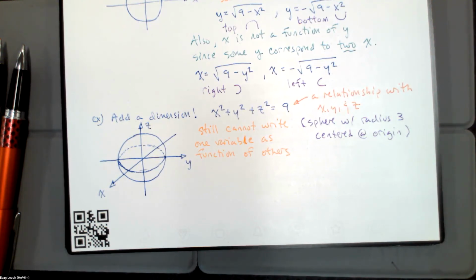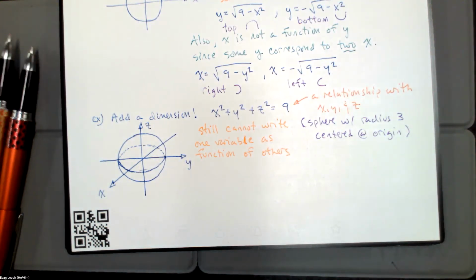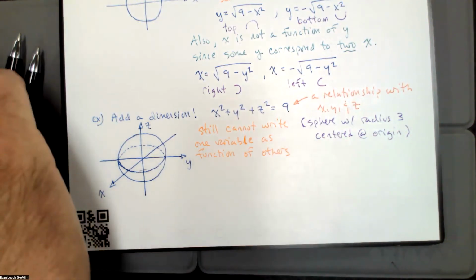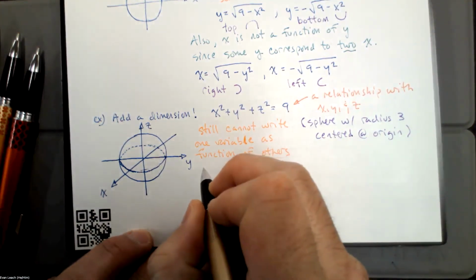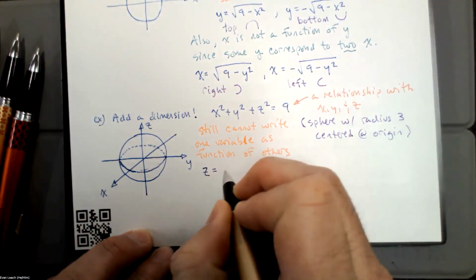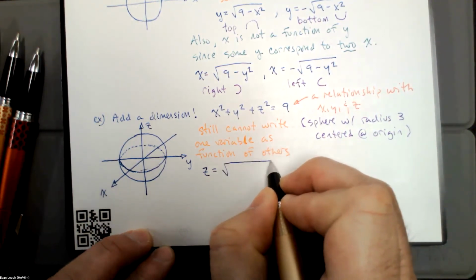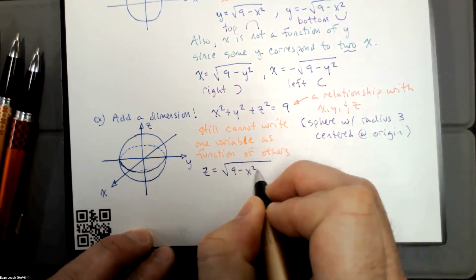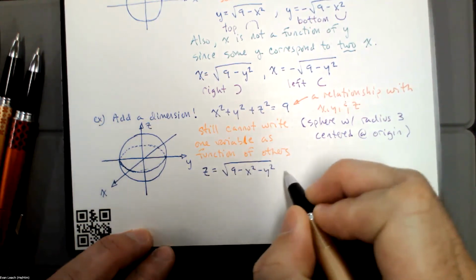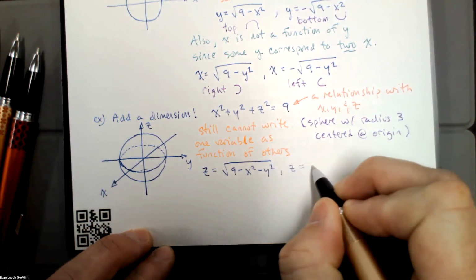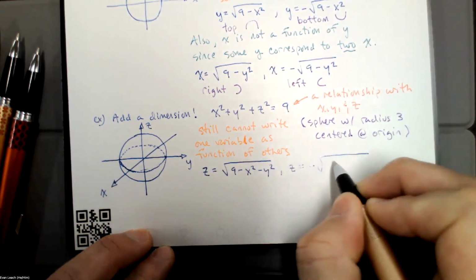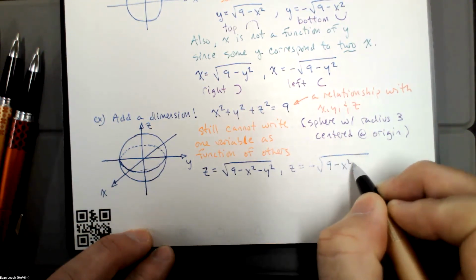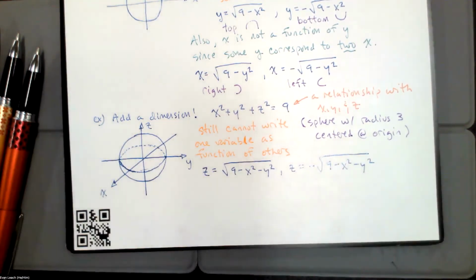So in this arrangement, we could say that z equals the positive square root of 9 minus x squared minus y squared. And we could write z equals the negative square root of 9 minus x squared minus y squared.